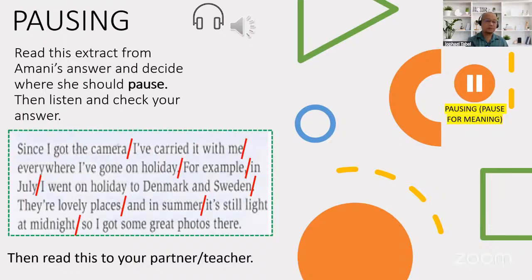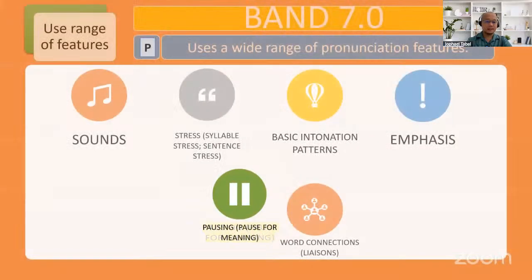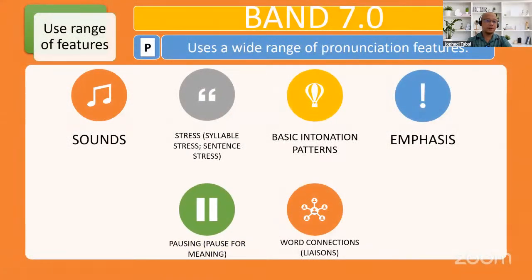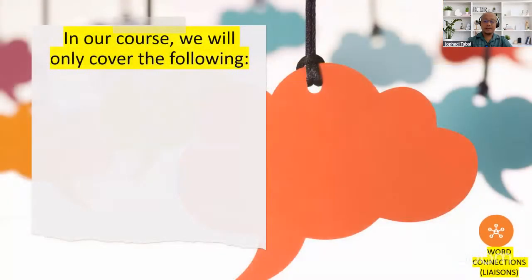So, for example, in July, so there is a smooth flow of talk when the candidate pauses for ideas. All right. So that's an example. That's the another feature for pronunciation, which is called pausing for meaning.